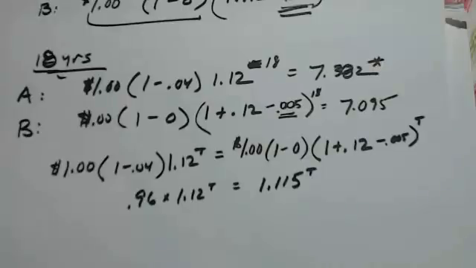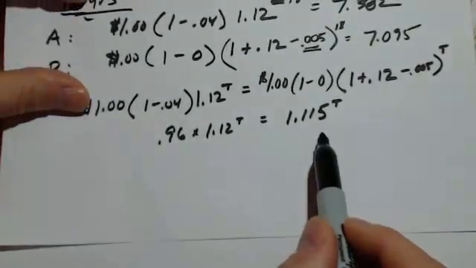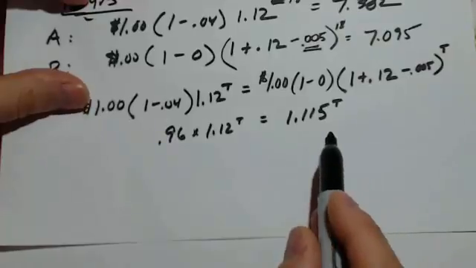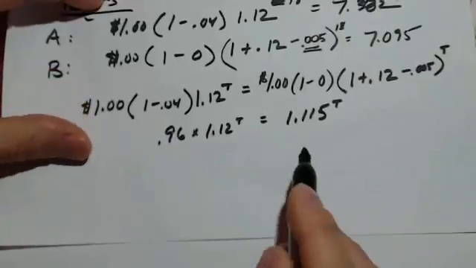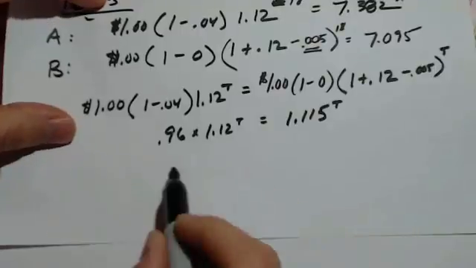That's always hard to solve, right? In algebra, you're not used to solving for exponents, but we can get around that pretty easily. That's not too bad. Remember, when you have exponents, you want to get rid of the exponents and solve for it. You probably want to take natural logs. And the natural log of 0.96, and so here's the formula.